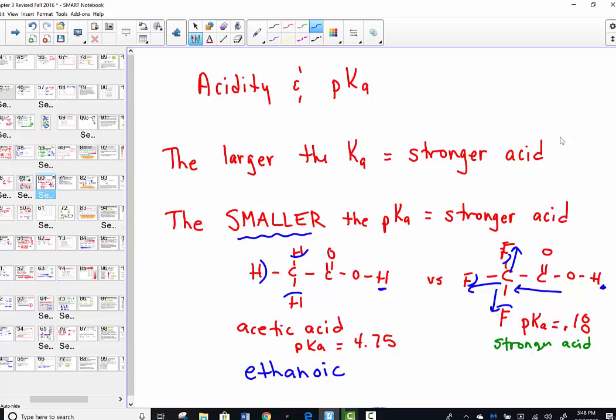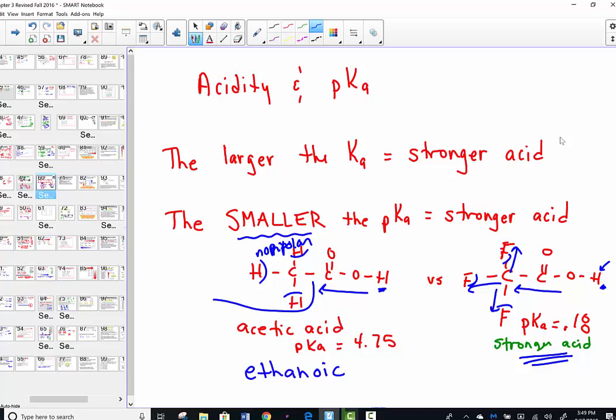As compared to these nonpolar bonds, the CH in this nonpolar region does not have that same pull, making this hydrogen less positive. More positive due to the electron distribution will create a stronger acid. This pKa is actually 0.18, where the pKa for acetic acid is 4.75. The stronger acid has a smaller pKa.